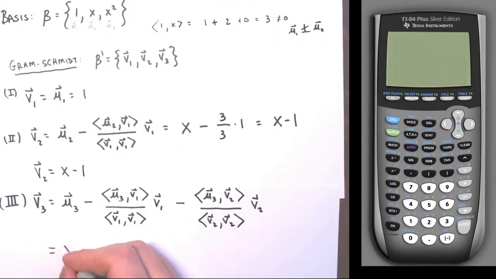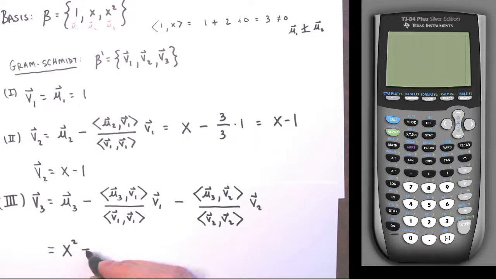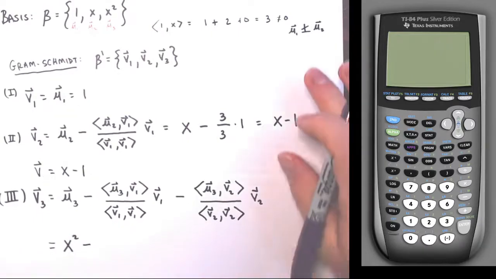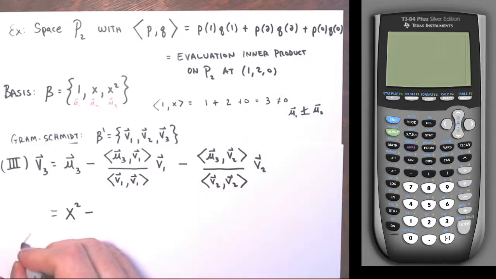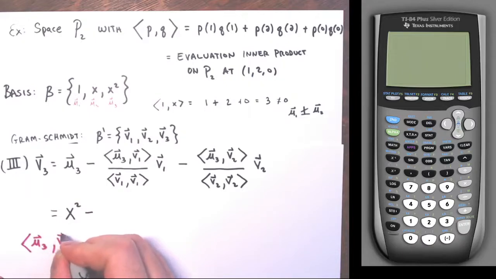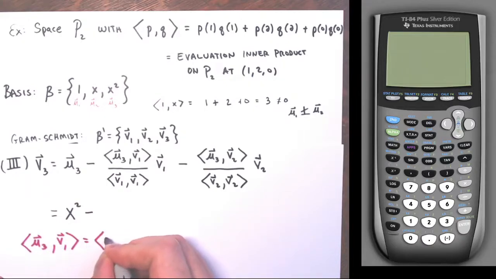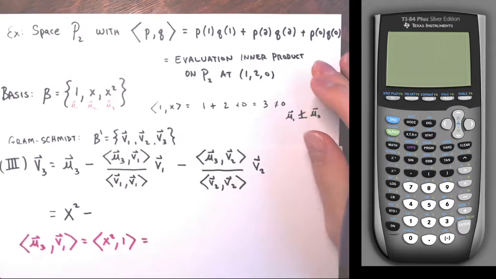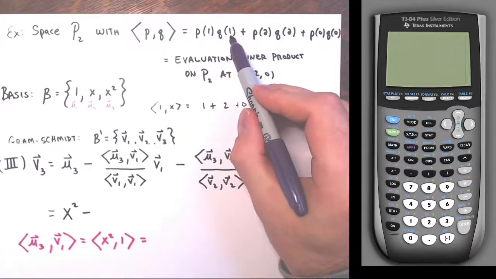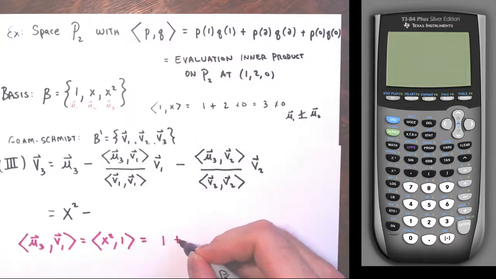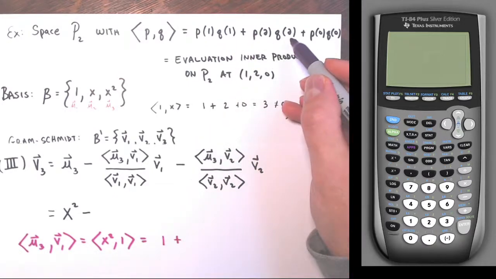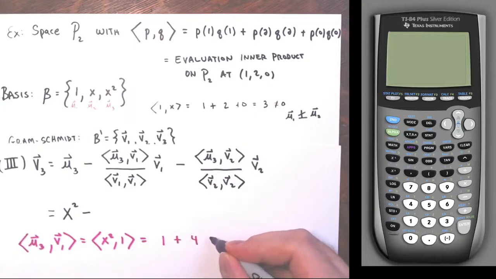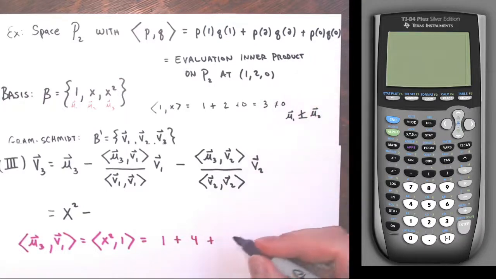This is x squared minus, now again I'll do these over here. What's the inner product of u3 with v1? So that's the inner product of x squared with 1. Alright, so that's 1 times 1 plus 4 times 1 plus 0 times 1.